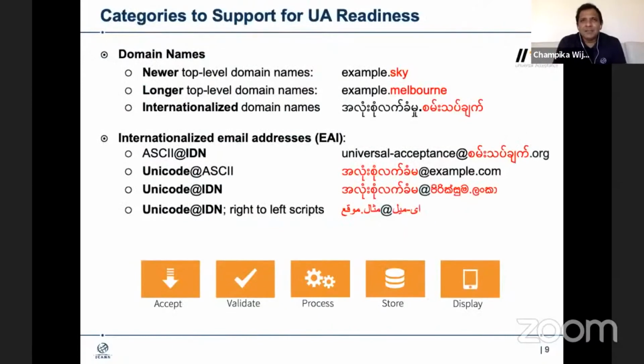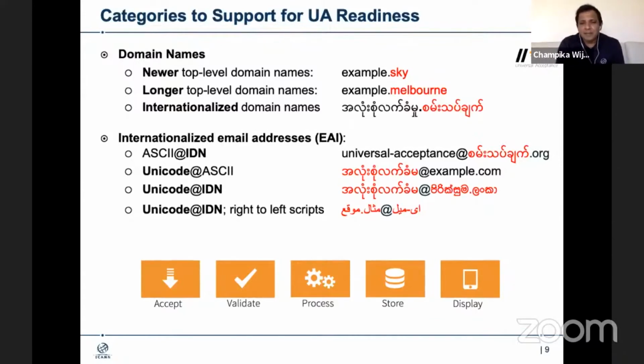Okay, based on what we have discussed now, let us try to apply this to universal acceptance readiness. I told you UA, or universal acceptance, means all those domain names or email addresses can be processed by applications: not only processed, but understood, accepted, validated, stored, displayed, everything, right.